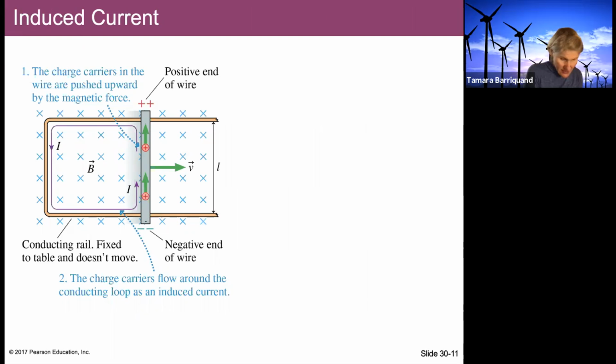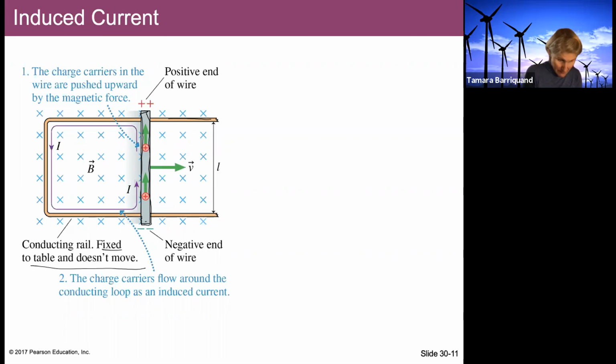And this is a conducting rail, so the whole rail here is conducting. This wire that's going across is actually closing our circuit. And this is movable, so this piece right here moves. Well, the rest of the wire is stuck in place. It's fixed to the table and doesn't move.